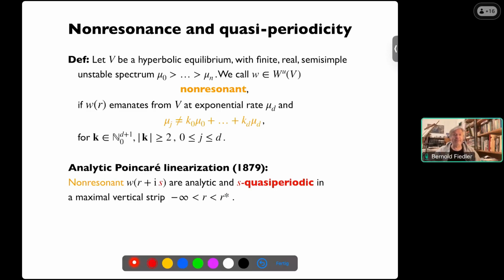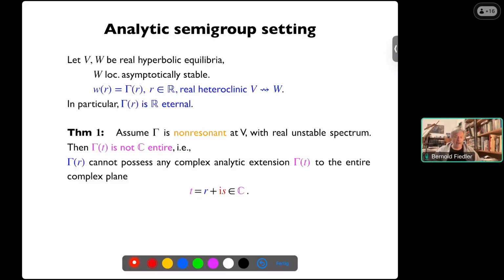Now, the first theorem is the following. I assume I have real hyperbolic equilibria here and here. So this is V, this is W. And for technical reasons, I have to assume W is attracting, strictly negative real part. And here is my heteroclinic orbit, gamma.